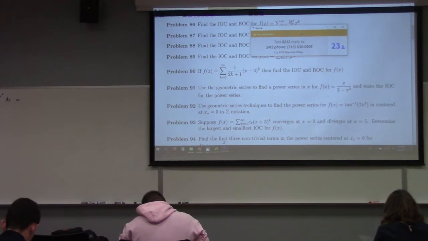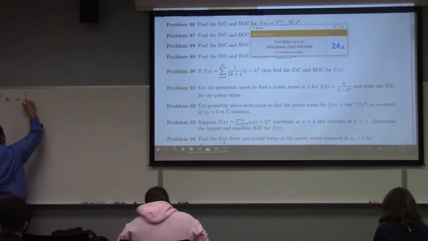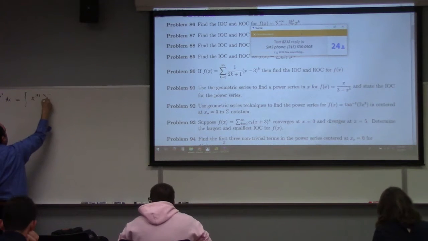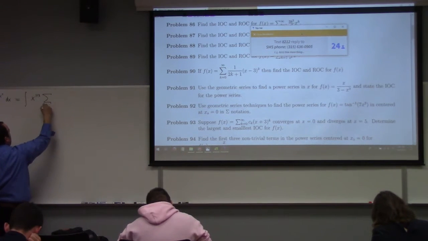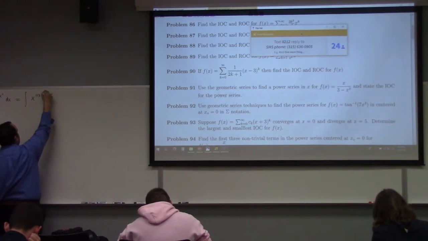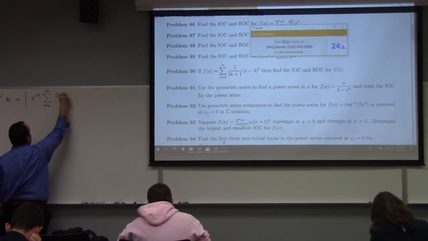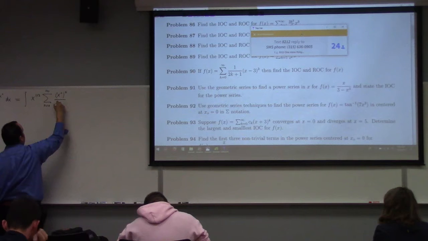Or you can find a power series solution, and here's how that's done. You take the integrand and find, by some method, in this case substitution, a power series representation for the integrand.